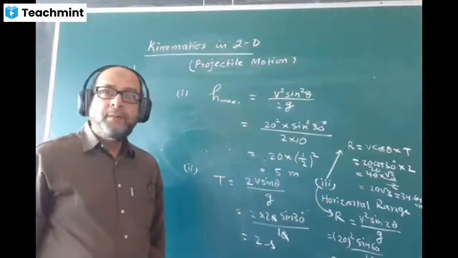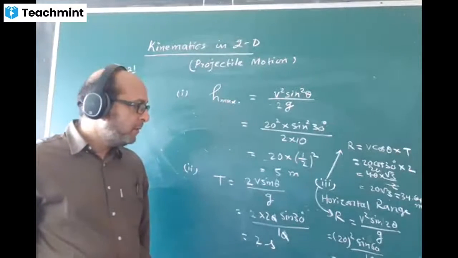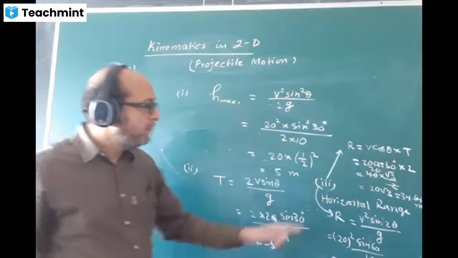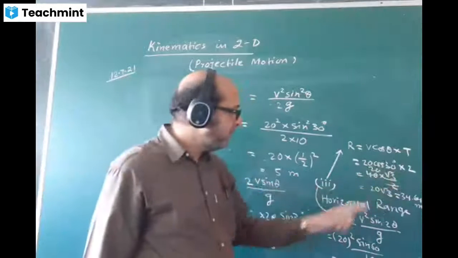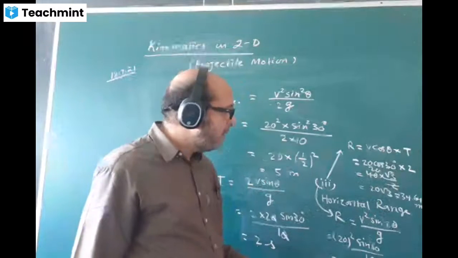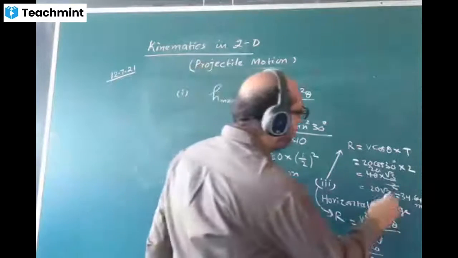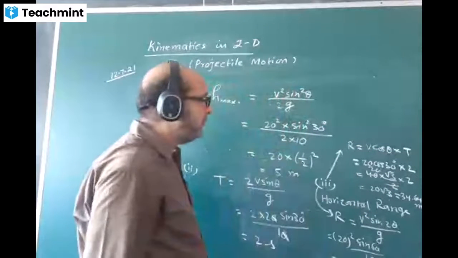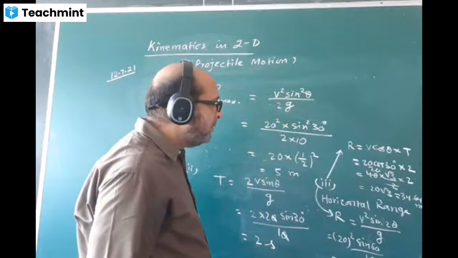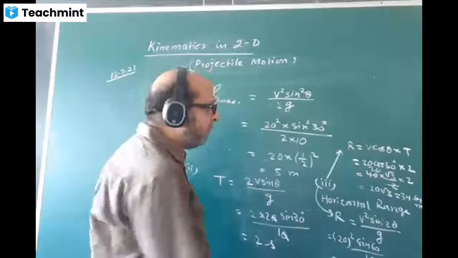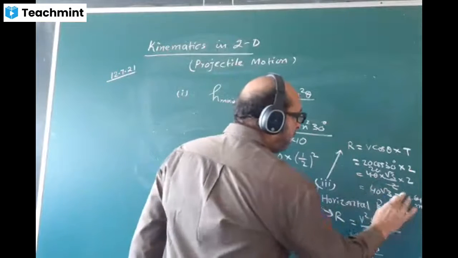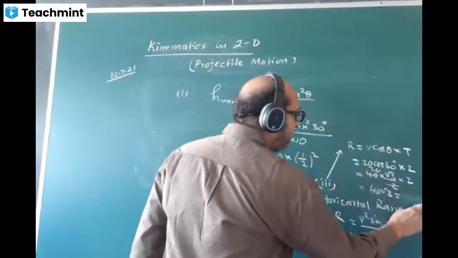So there is into 2 also, in the time. So 40 into √3 by 2 into 2. Oh, 2 is also there, no? Yeah, into 2 is there. What is the answer? 40√3. Please check the answer and tell me.